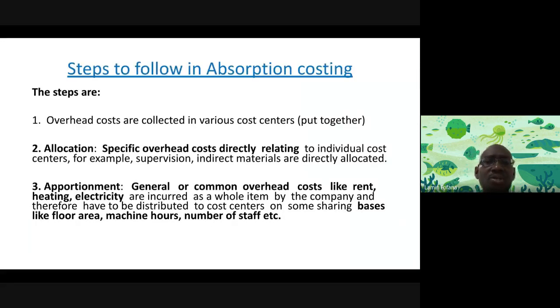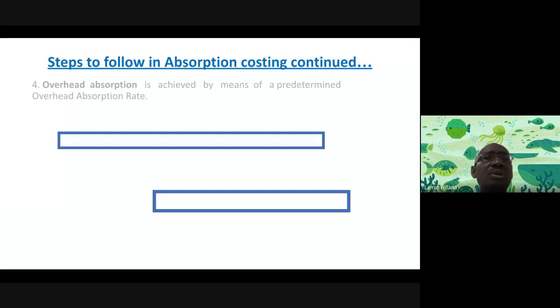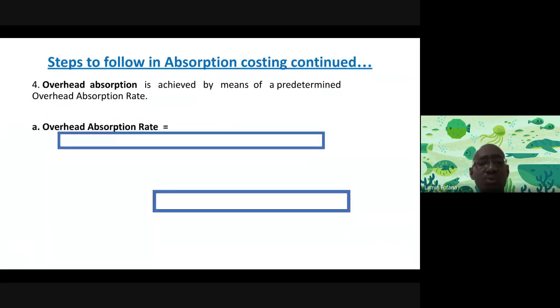Okay, so this is exactly what is explained here, right? So the fourth step is to absorb the general overheads. Okay, we know we have specific overheads. We don't have any problem with them because we are able to trace them to their products and services.